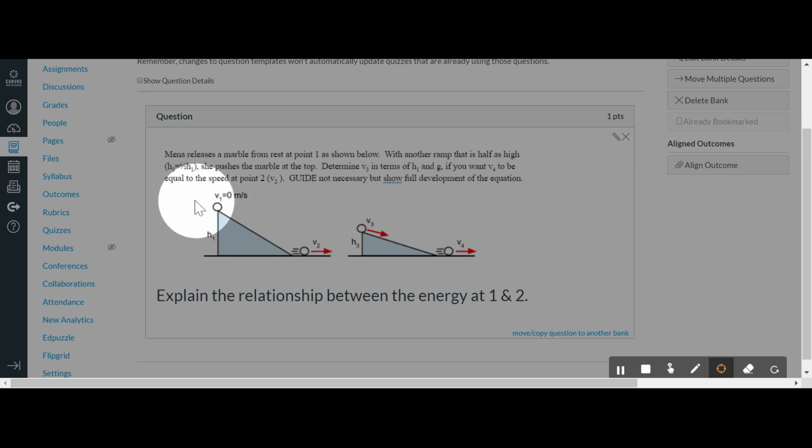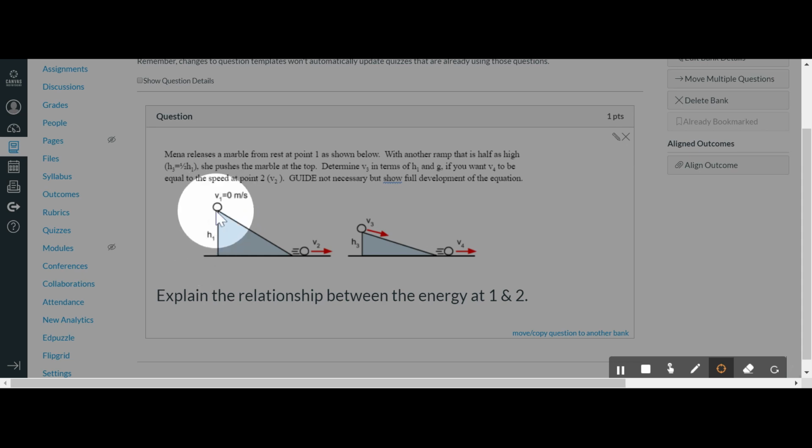We just talked about how to label the energy, right? So, just a quick review, what are you going to call the energy here? Just say E1, right?